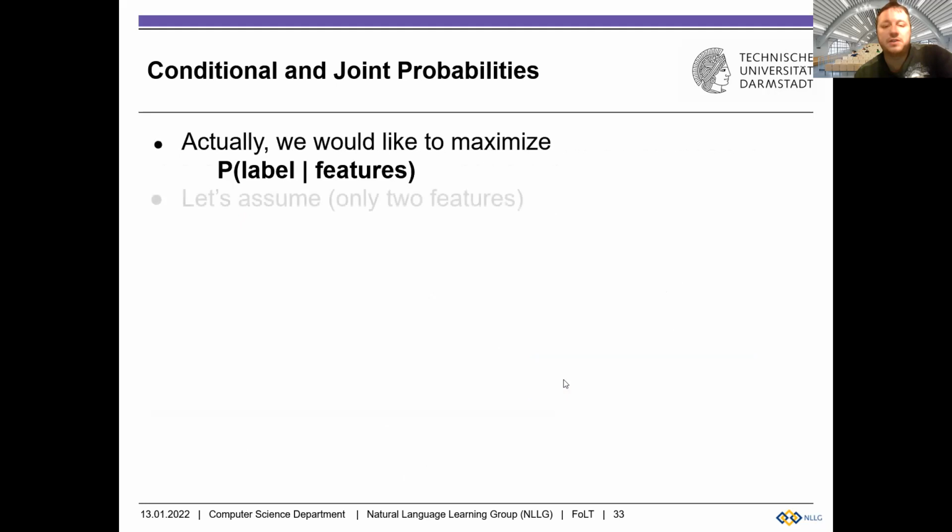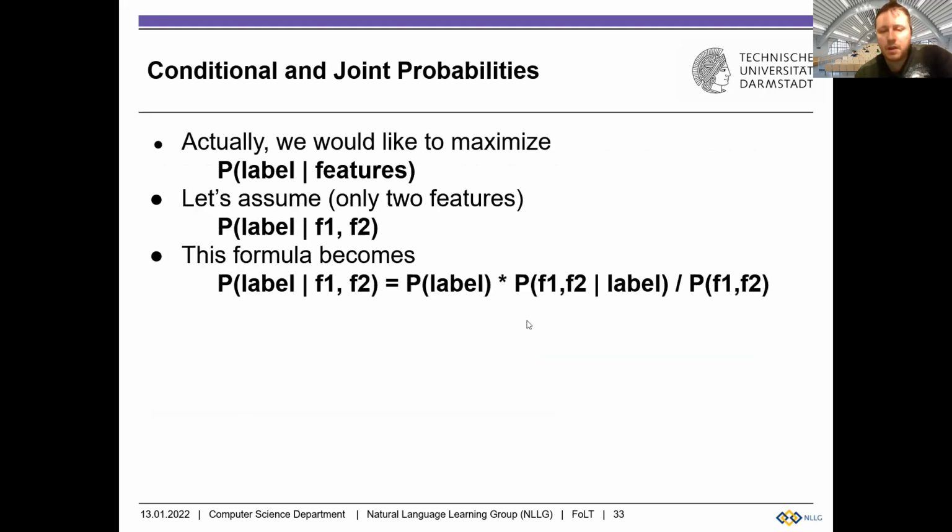So if you plug in this definition here, what you will see is that if you multiply this with this, then this goes in the denominator, and we're going to have P(F1) multiplied by P(F2), the probability of F1 and F2, and the label is in the denominator, and in the numerator is the probability of the label.